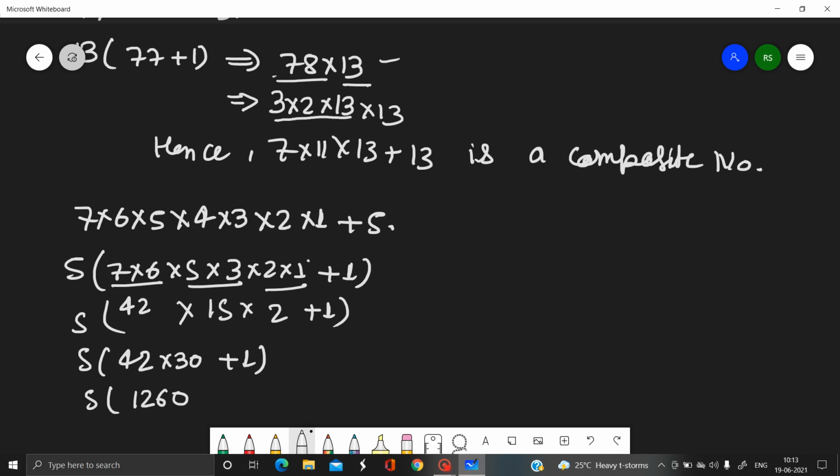You can see that when we multiply, we get 1260. This expression is 7 into 6 into 5 into 4 into 3 into 2 into 1 plus 5.